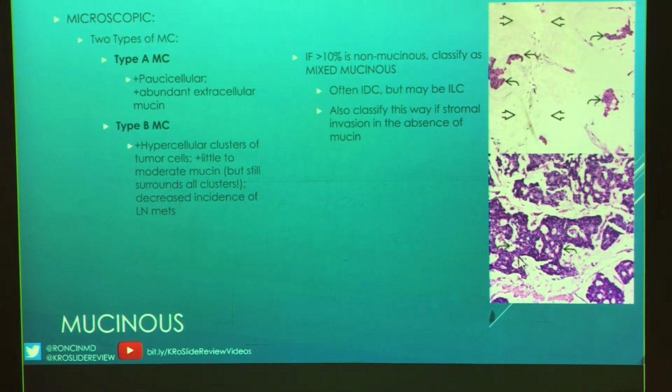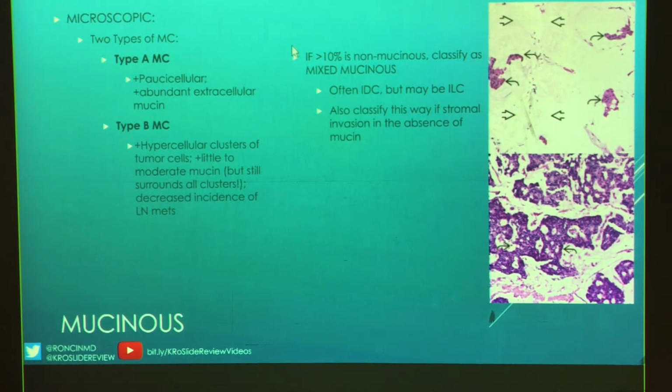But you're going to have a lot more cells in there, and even though type B is really cellular, they actually have a decreased incidence of lymph node mets. So when we consider that's already a rare phenomenon, and then we take type B and say it happens even less in these. Again, if you're pretty sure you have type B mucinous carcinoma and you have lymph node mets, maybe reconsider what you're thinking there.